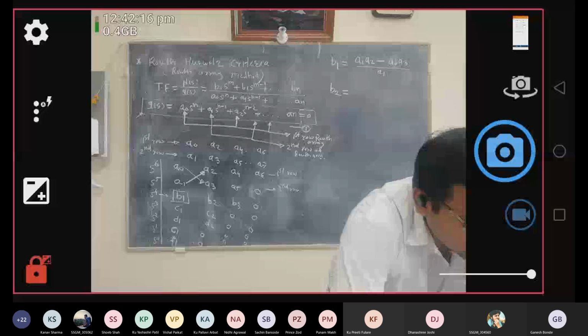C1 into B2. Okay, C1 into B2 minus here B1 into C2. B1 into C2 divided by base आपका रहेगा C1. So therefore divided by C1. ये हो गया D1. Okay.